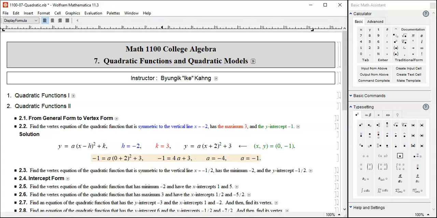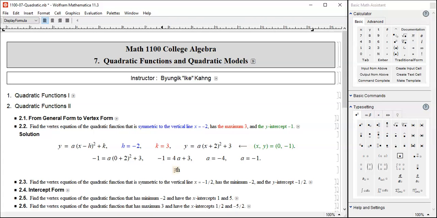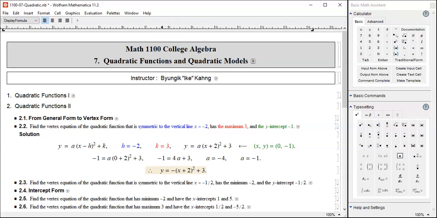Did I do this right? Therefore, y equals to negative 4 times x plus 2 squared plus 3. There goes the vertex equation.